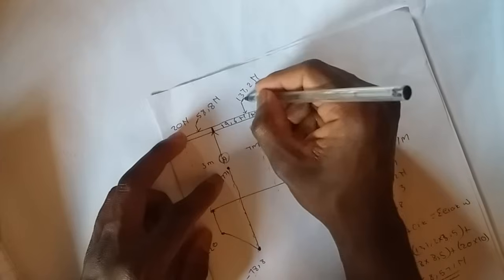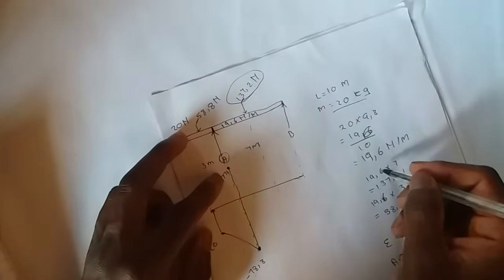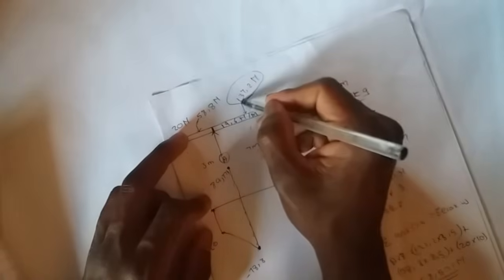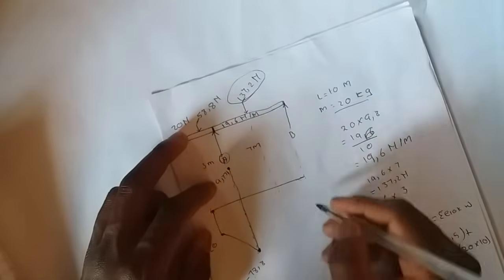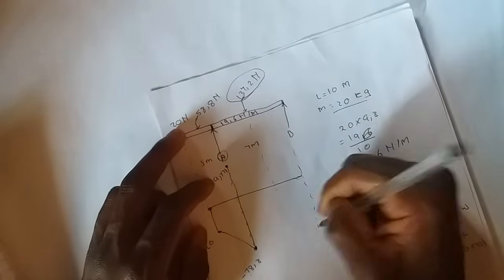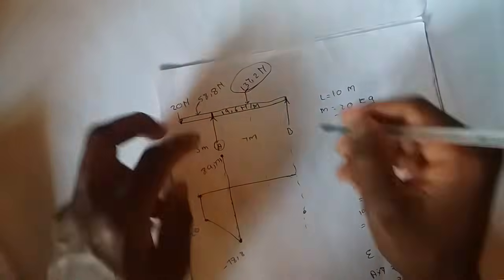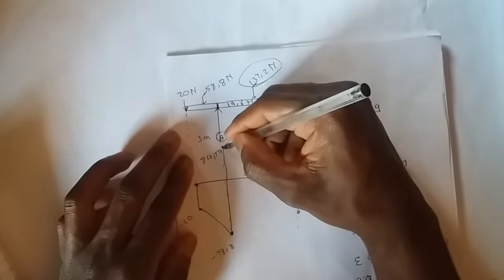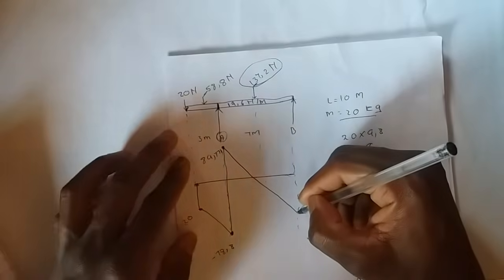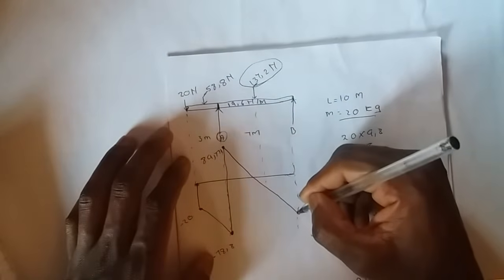Since it is going down, we will go down by 137.2, which we will put somewhere here. And to represent that this is a UDL, we will go down by a diagonal line.